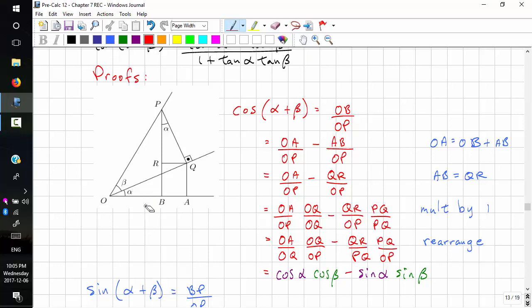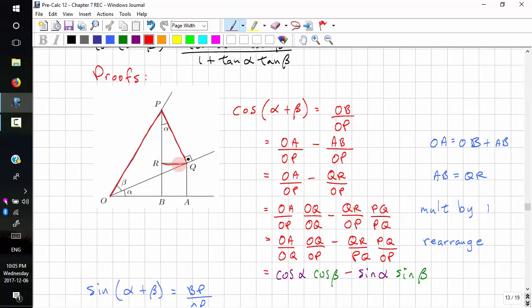So that relationship is done for the first term. Next one, we have QR and OP. This one's a little bit trickier, but there's a common side that we can multiply by. That's PQ. So we're multiplying by PQ over PQ. We're not changing anything. Now let's rearrange this.